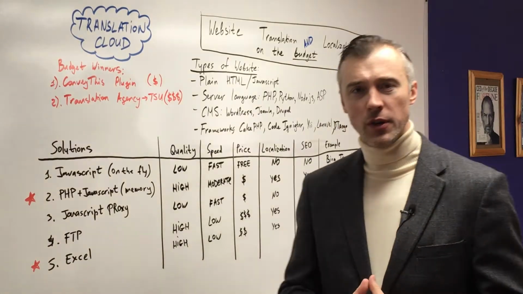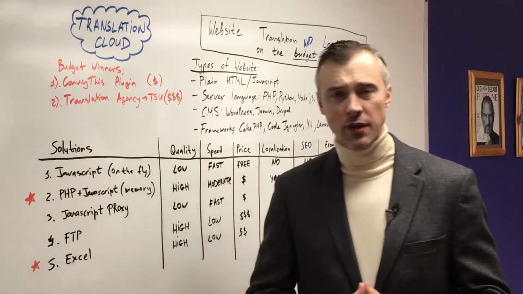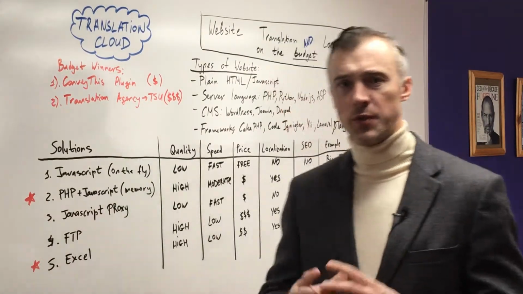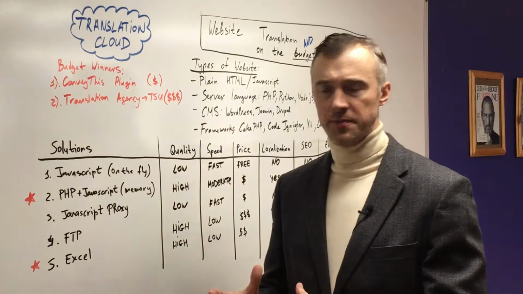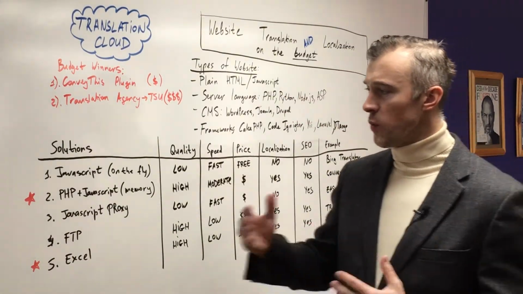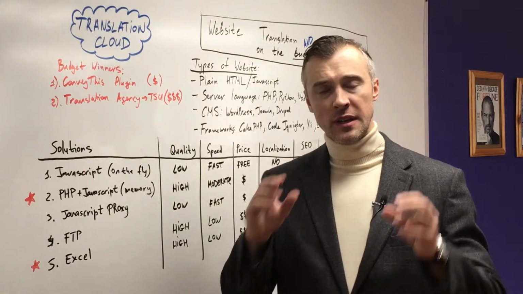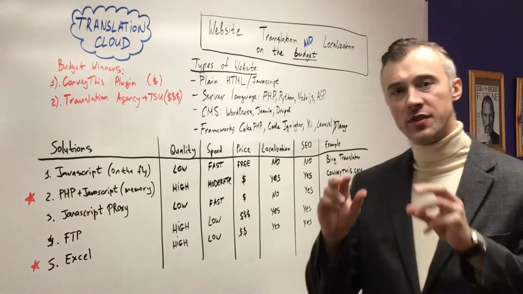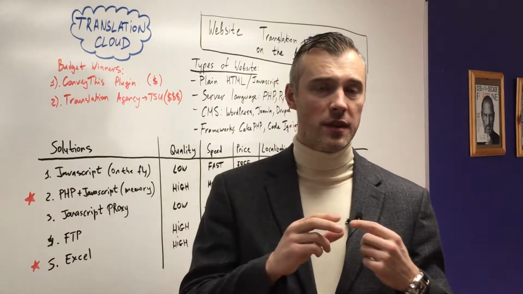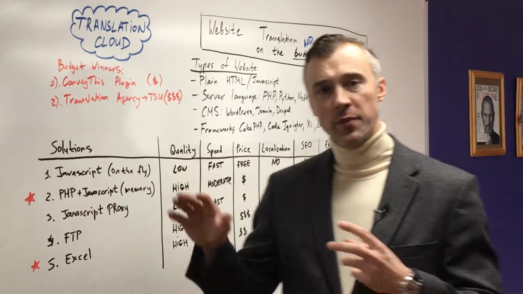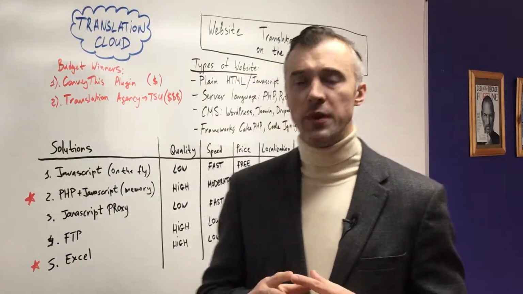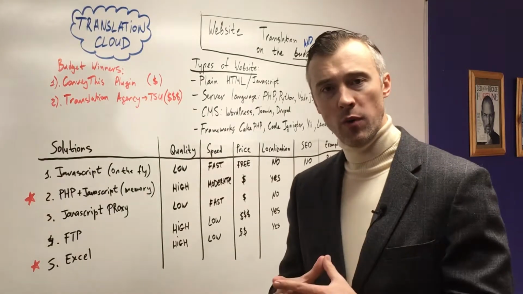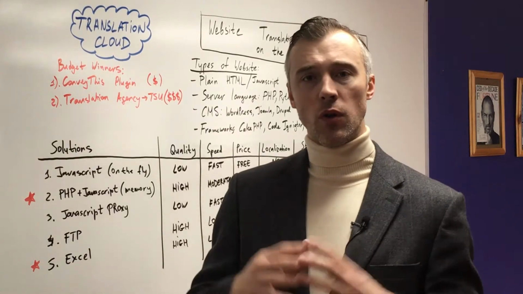And the third option we're going to consider is the JavaScript proxy. This is some kind of interlayer intermediary between your website and the translation. For example, it works the same way as the JavaScript. It's something like a snippet you install on your web page, but in reality, what this JavaScript does, it creates the PHP version of your web page, HTML read-only version of your web page, and stores it elsewhere on some sort of other web host, not yours, not your local IP.